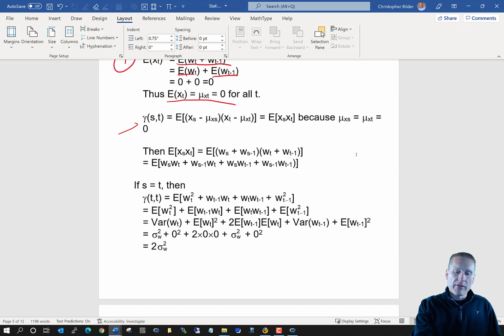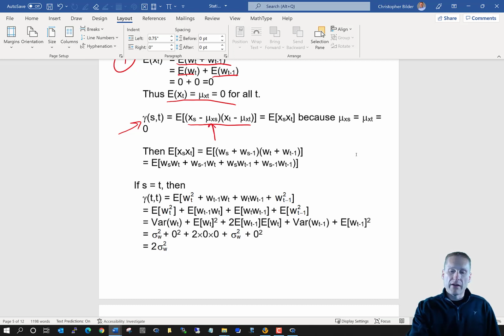Then in terms of the autocovariance function, let's first start with gamma of s and t. So x of s, x of t, that's what I want the covariance for. I just write out what this autocovariance function is by definition.